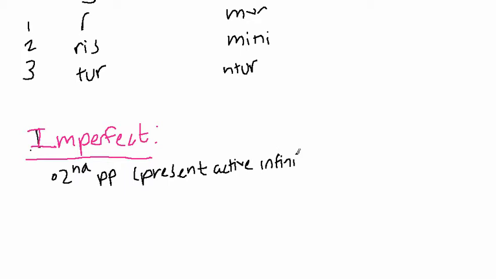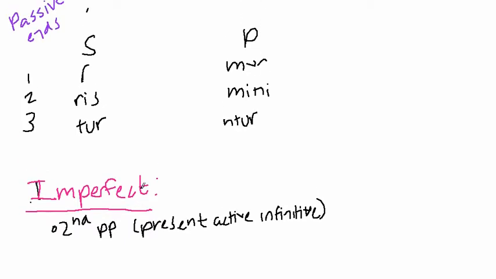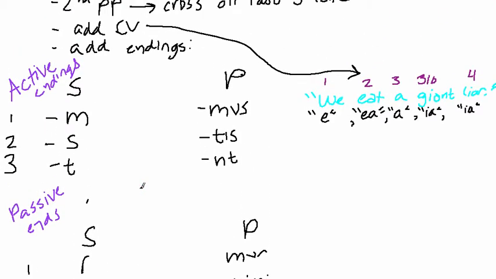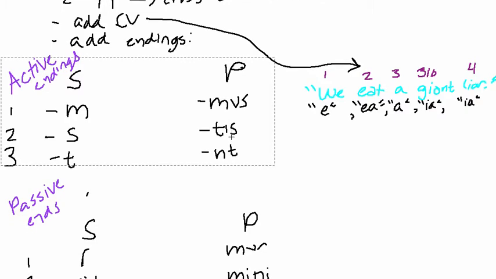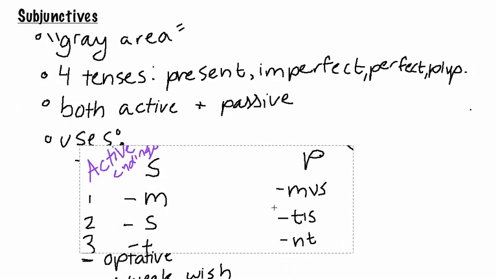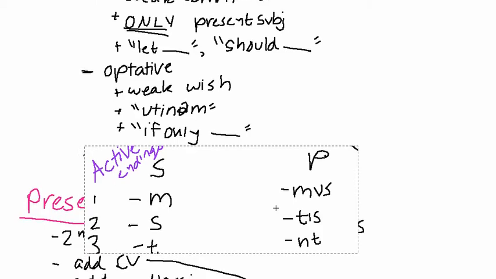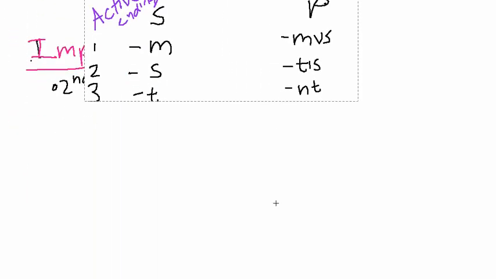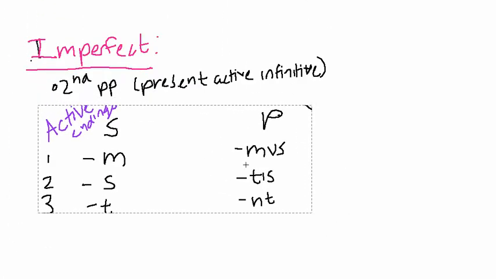You don't remove any letters or anything, keep everything. And then you just add the same endings you did for the present tense. And I'm going to go ahead and copy and paste that below just so it's all in the same place. There we go.